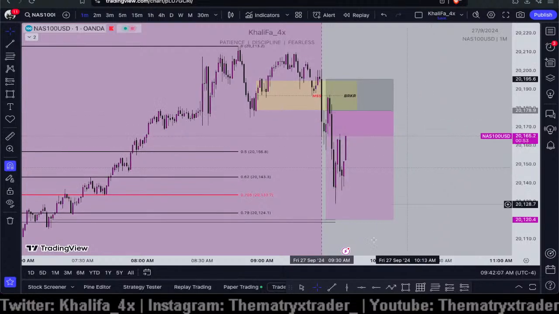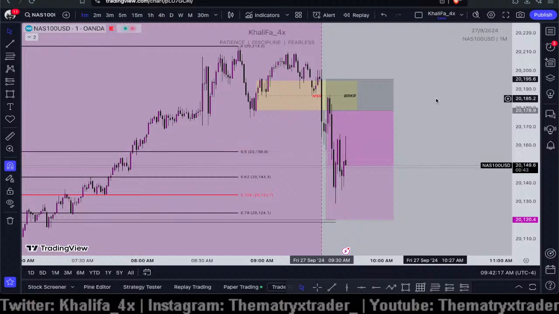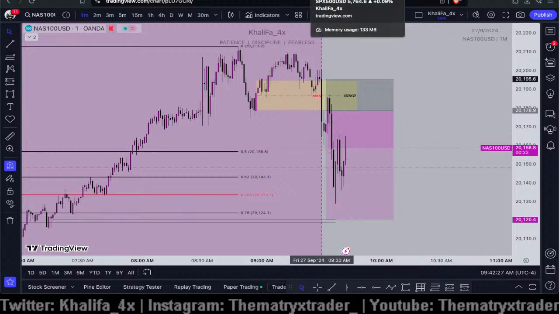Whoa. If NASDAQ goes as per your analysis or paralysis, you can just get your TP hit within 2 or 3 candles of 1 minute.